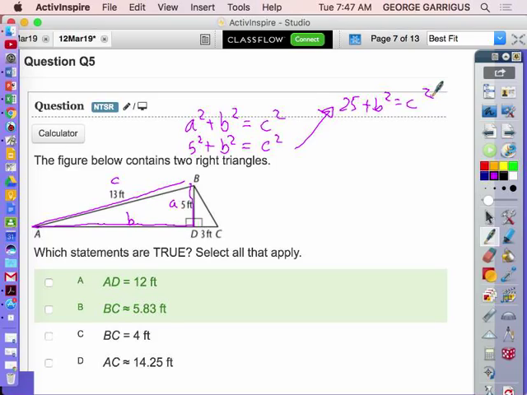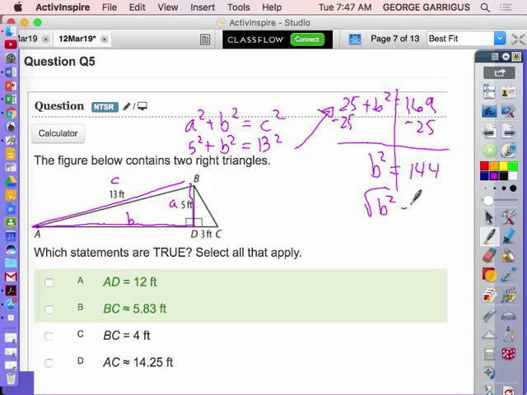Oh, I can plug in for C squared, which I know. I'm going to put that in here. That's 13. So 13 squared is 169. I'm going to subtract 25 because they're on the wrong side. I have to use inverse operations and go back to unit 1. B squared equals 144.